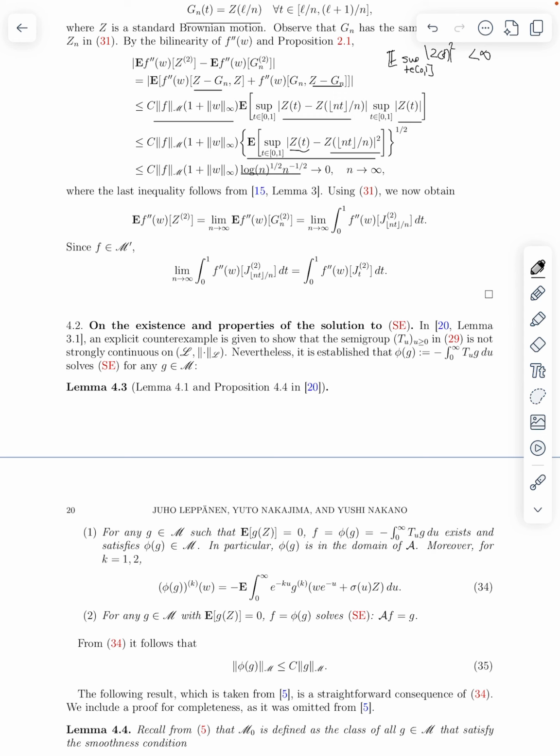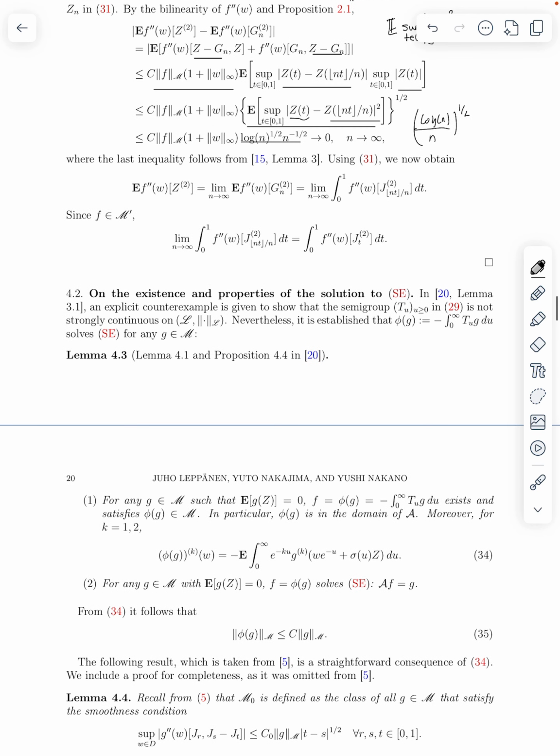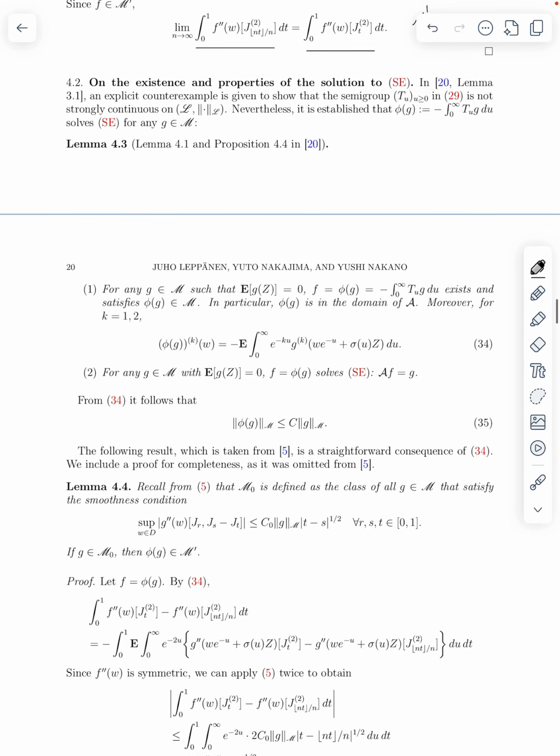And so, as n goes to infinity, we're getting something like log n over n to the 1/2, and so that's going to decay down towards 0. Okay, and so that allows us to transfer from this to this to this, and then of course we know that this is equal to this by the definition of n prime.